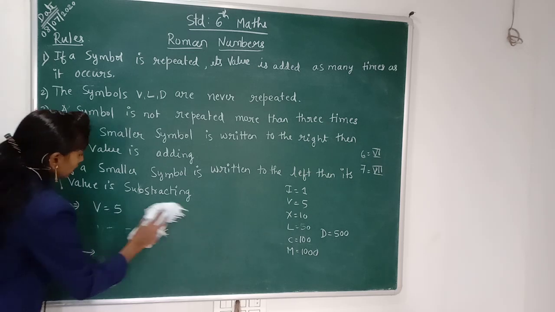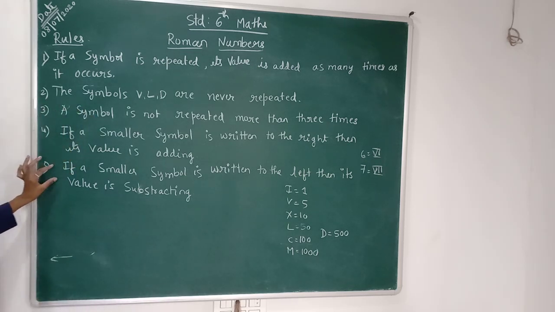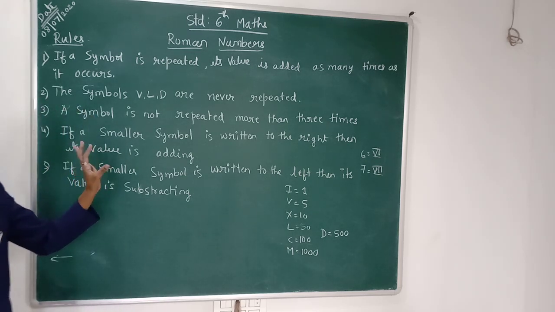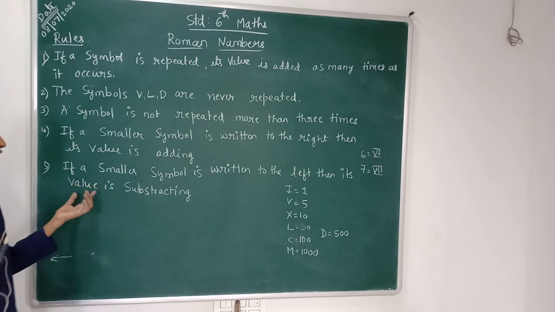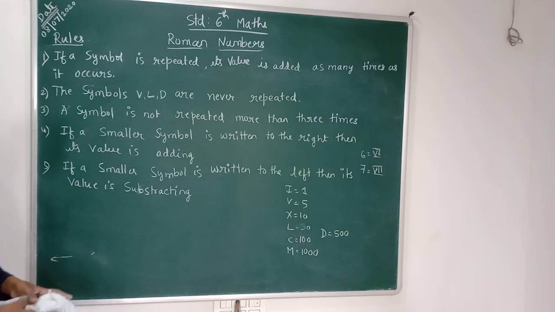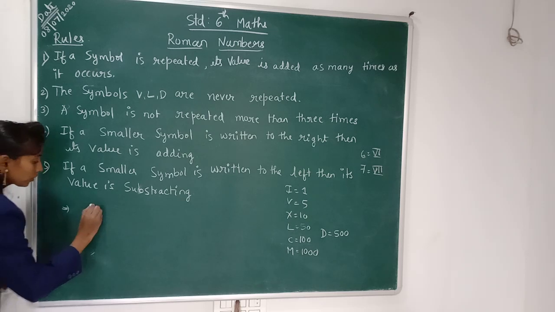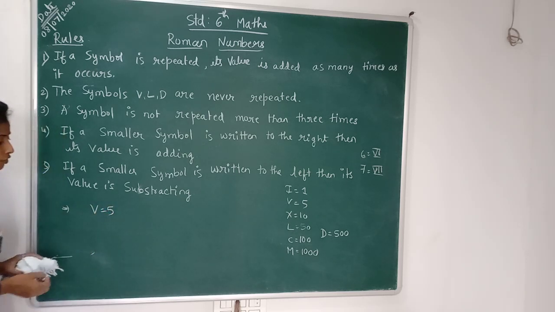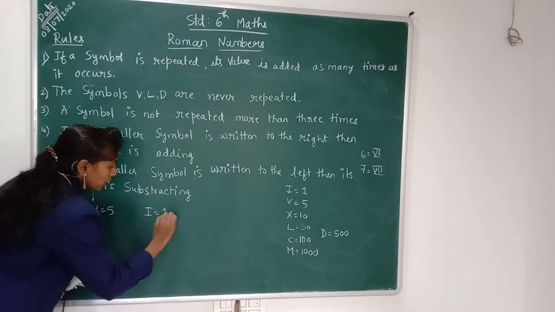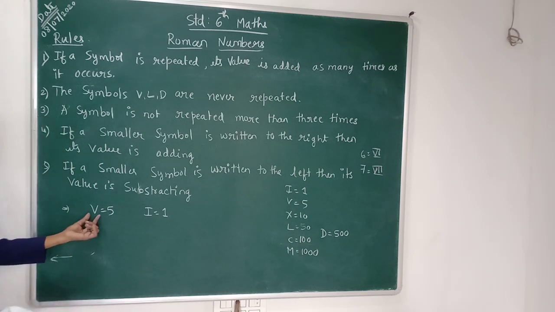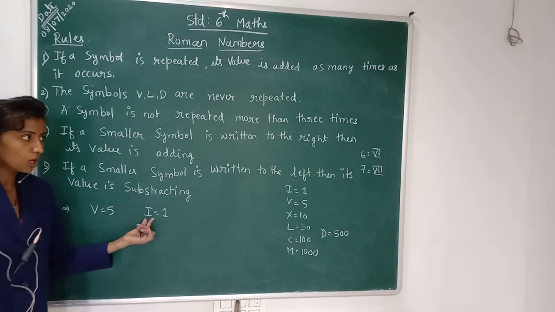Again, the next rule is, if a smaller symbol is written to the left, then its value is subtracted. V means 5, I means 1. V is the greater value and I is the smaller value.